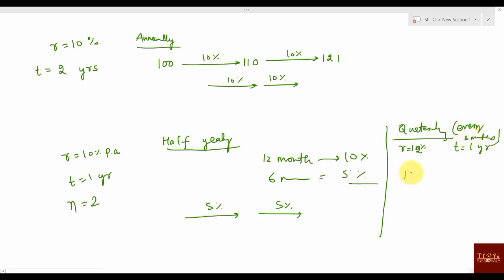For 12 months you have 12%, so 1 month is 1%. So for 3 months, how much percentage? 3% rate of interest. First 3 months 3%, again next 3 months 3%, again 3 months 3%, again 3 months 3%.